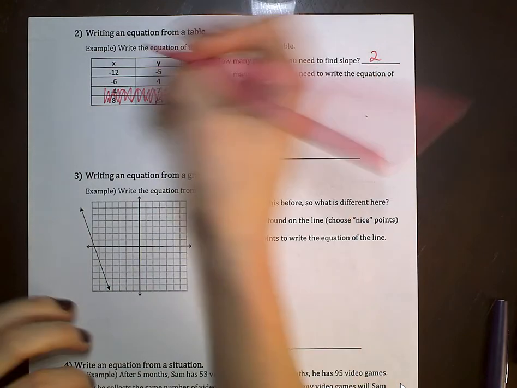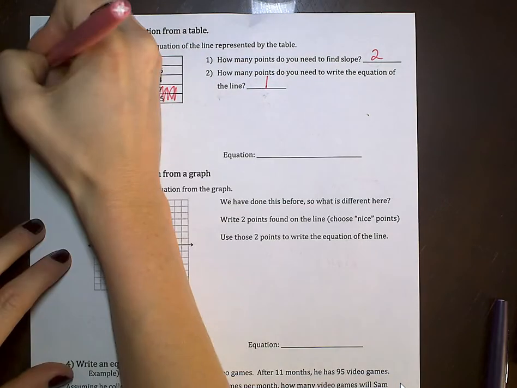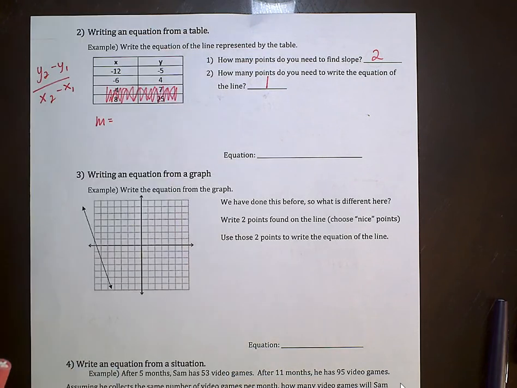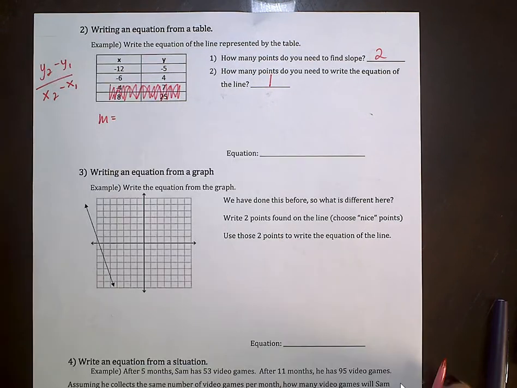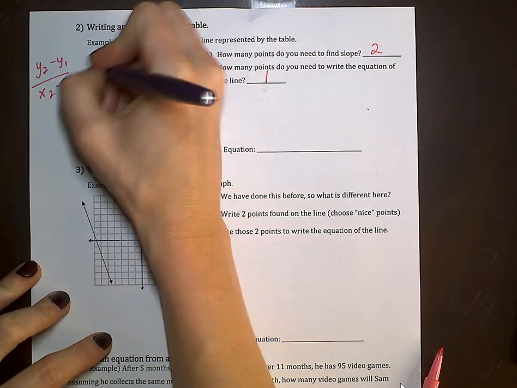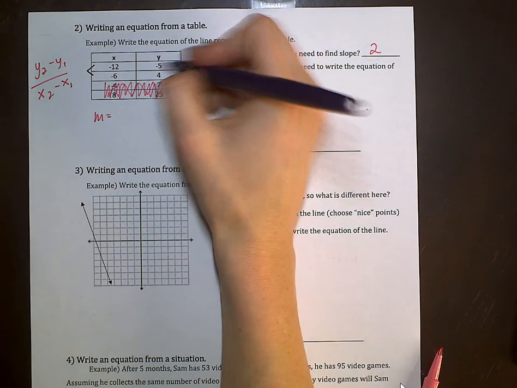So let's find the slope over here. Remind yourself of your formula. Okay, or you guys, since it's already in table form, here's what I'm going to do. Remember a few lessons ago when we did rate of change and slope from a table like this, and I just figured out how is the y changing.